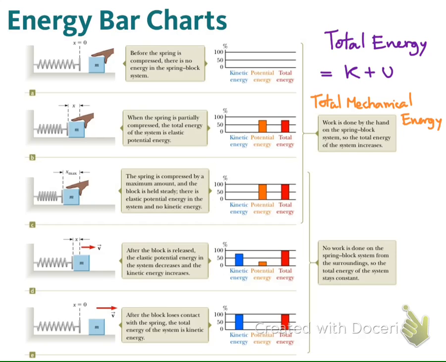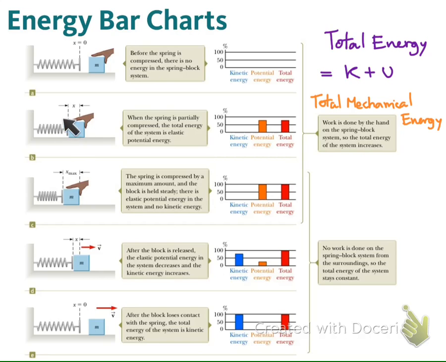In this chart, you can see that we first take the object to the equilibrium point of a spring, and then we push the object, which means that we compress the spring also.